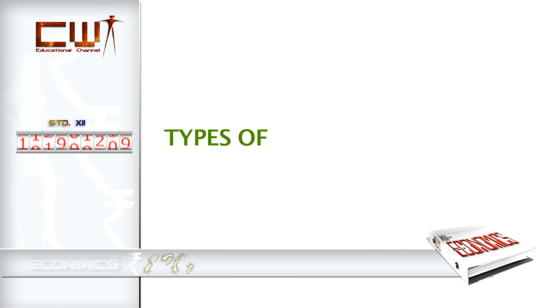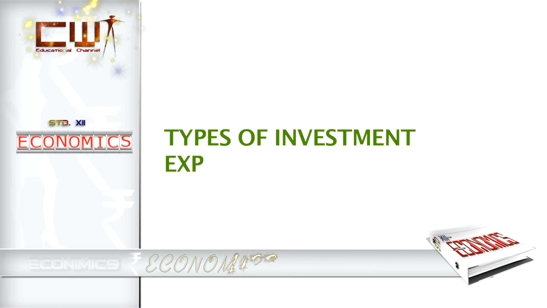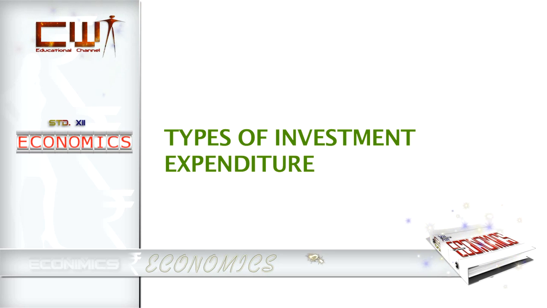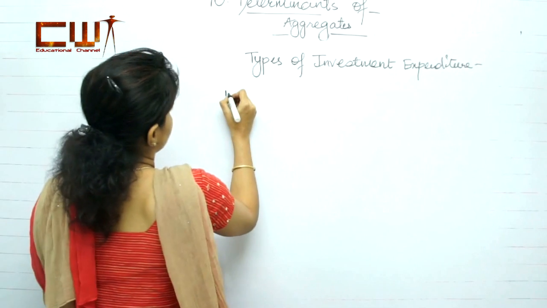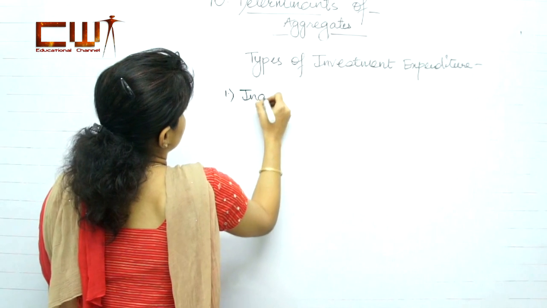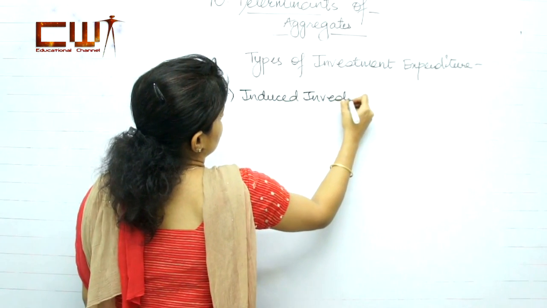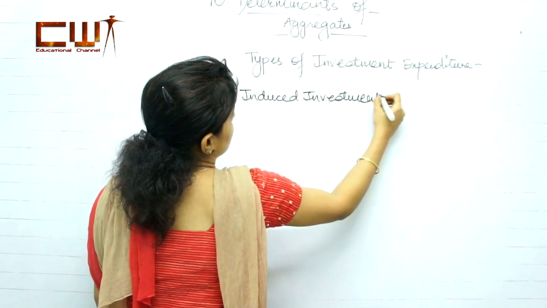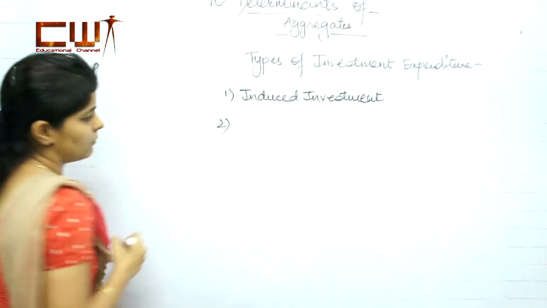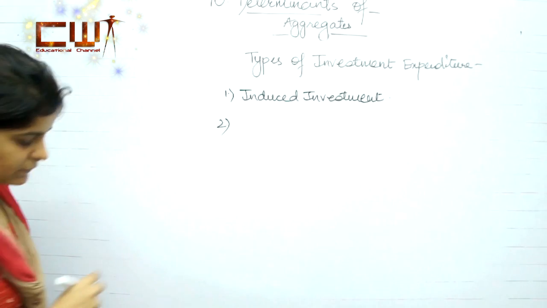Next we will study types of investment expenditure. First you have induced investment. This is one form. Second, you have autonomous investment.